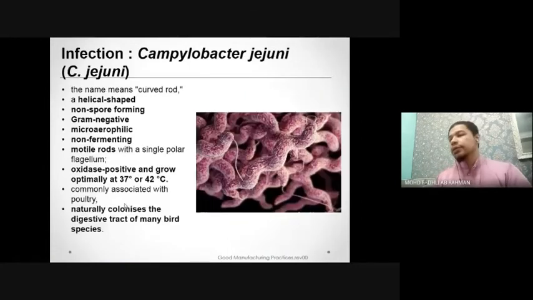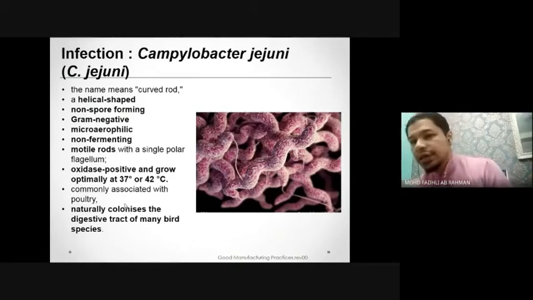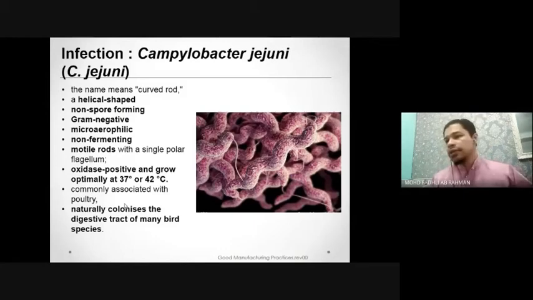Okay, the third bacteria we call Campylobacter jejuni. So the name means curved rod. It's a helical shape. Salmonella and Listeria are rod shaped, but this Campylobacter is curved rod shaped, or helical.